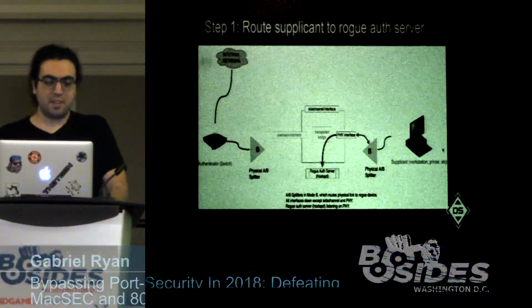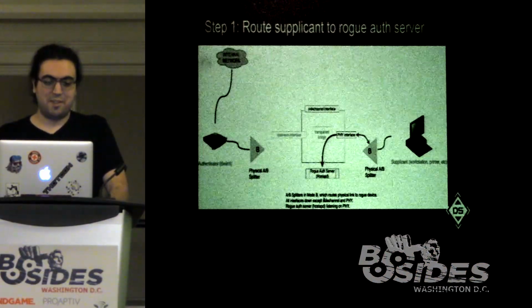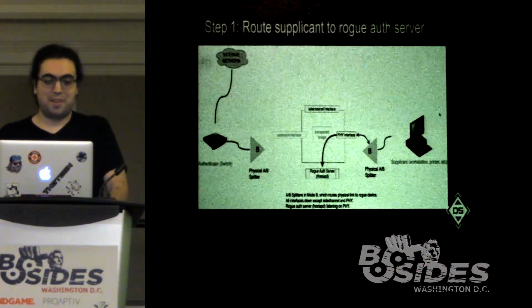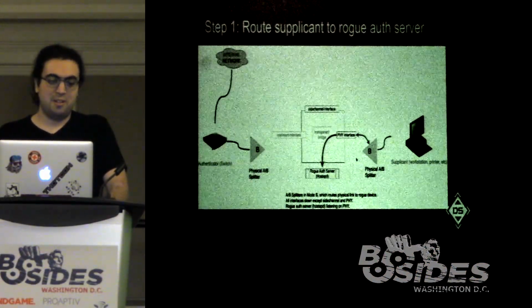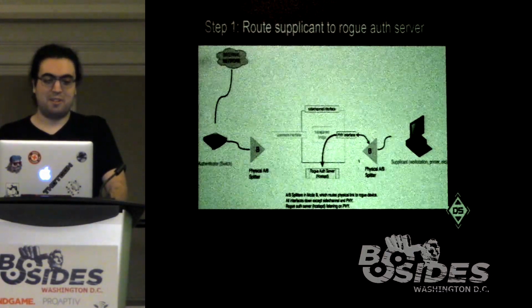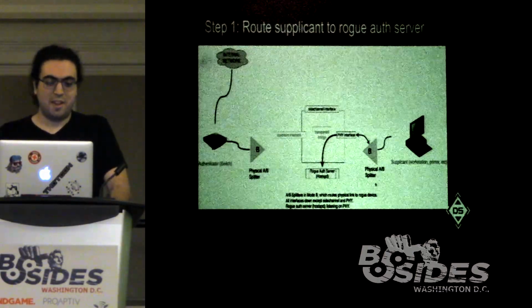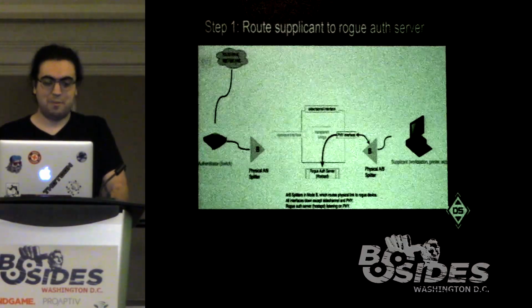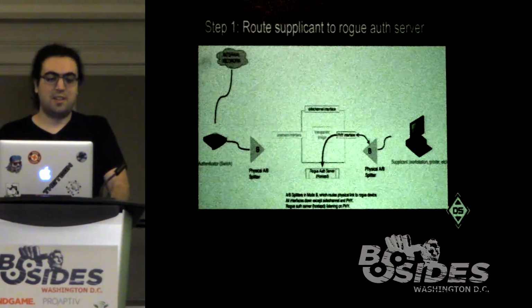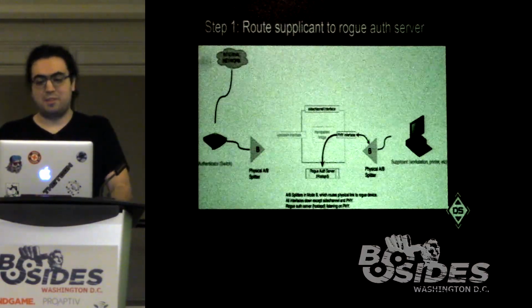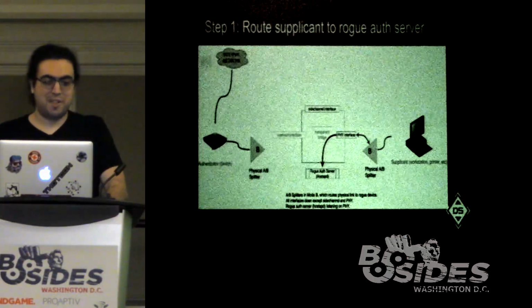As the supplicant is rerouted, we prompt it to authenticate with our hostapd instance, our RADIUS server, and it will do so. When it does, we capture the challenge response in a similar way to attacking a wireless network.